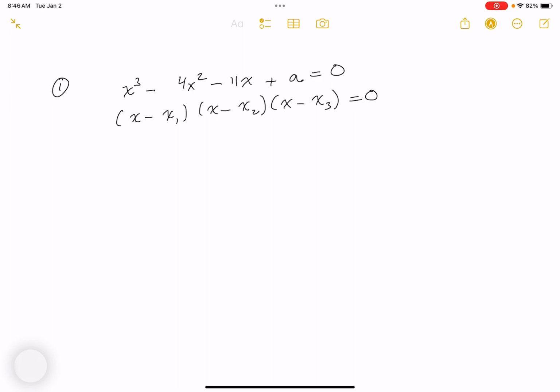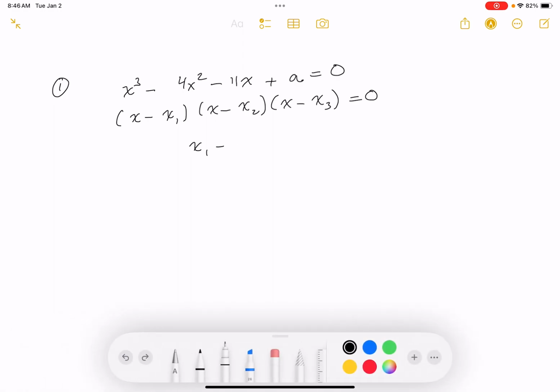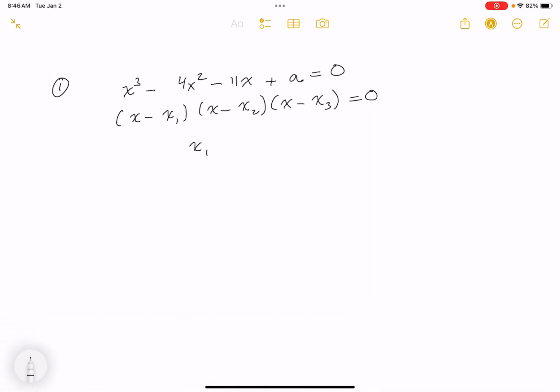They go on to say that x1 plus x, oh, no, they don't say that. Let's go backwards on that. They say x1 is equal to, be careful here, x2 plus x3. Okay. They want to know what a is, though.